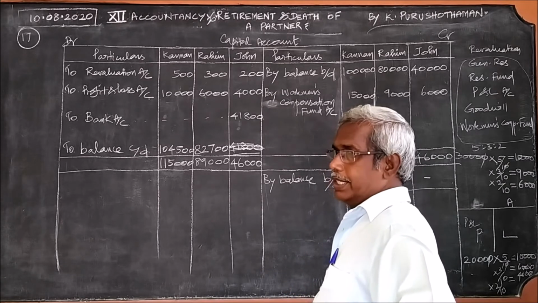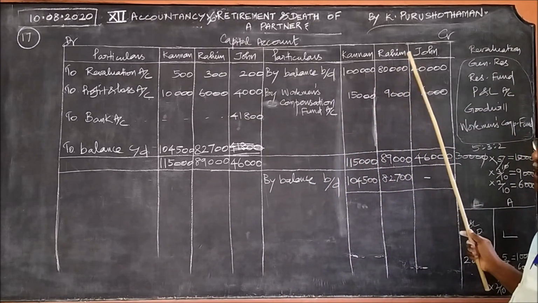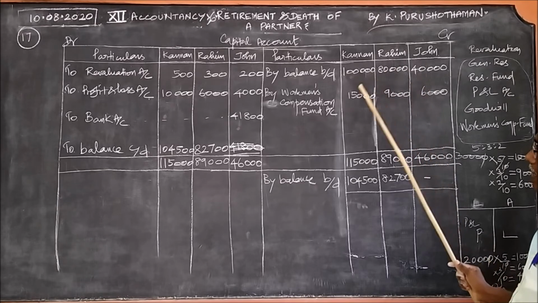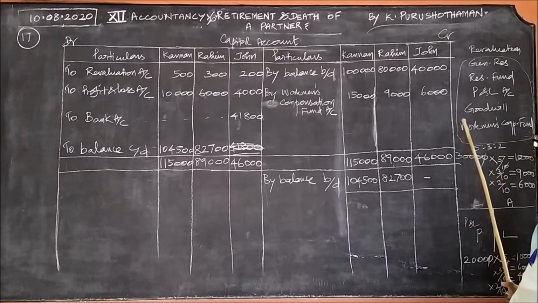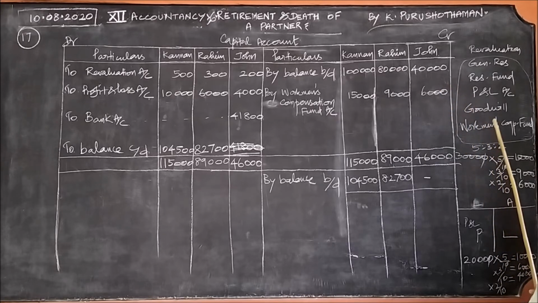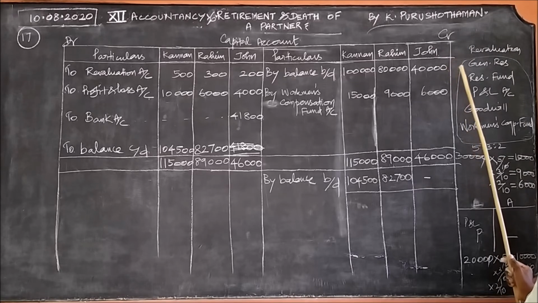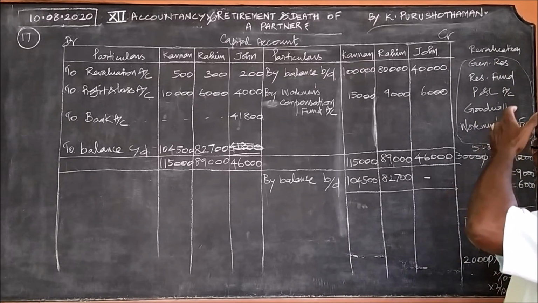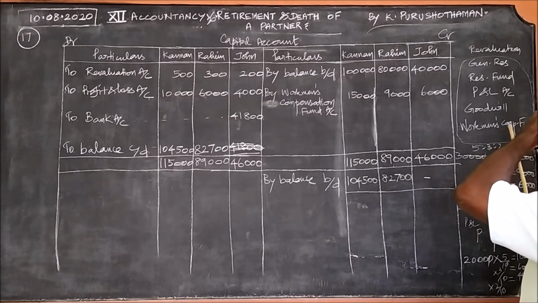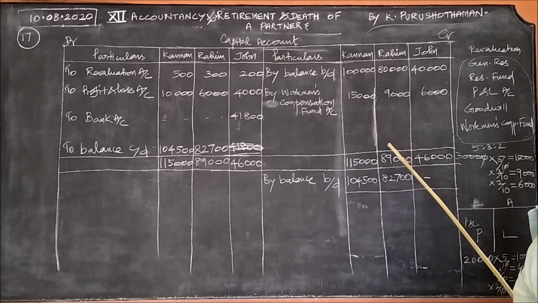How we have prepared: I said the first one, the capital invested by the partners. The second one, out of these 5 given in the bracket, the first one is workmen's compensation fund, which we have divided and written.